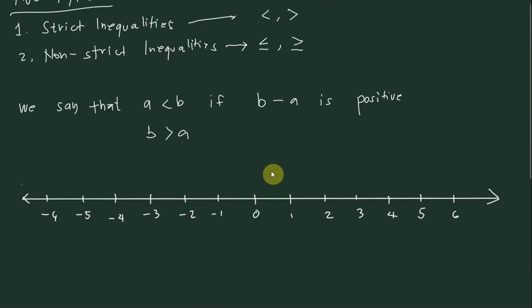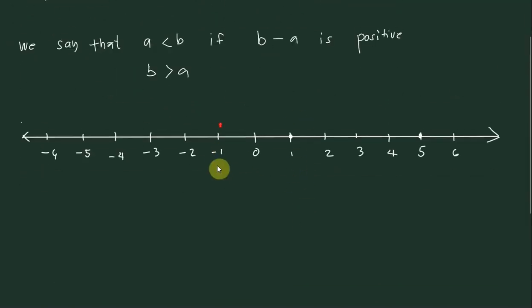In the real number line, let's select two integers here, 5 and 1. Let's try subtracting. Let's say that 1 is a and b is 5.